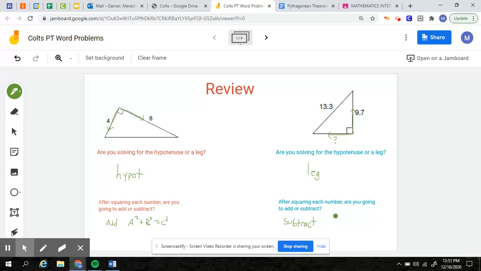And the reason for this is, remember, we're going to rearrange our formula and do hypotenuse squared minus the leg that we have squared, and that's going to give us the remaining leg squared. Okay, so remember, when you are solving for the missing side of a right triangle, you need to figure out whether you're solving for the hypotenuse or the leg, because that will determine whether you're going to add or subtract.